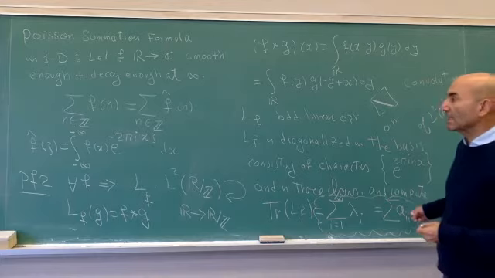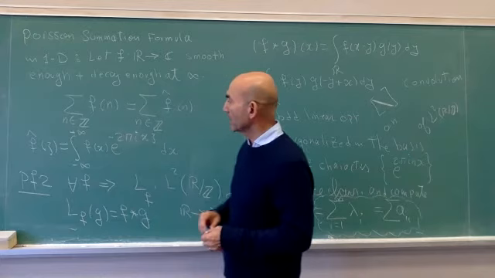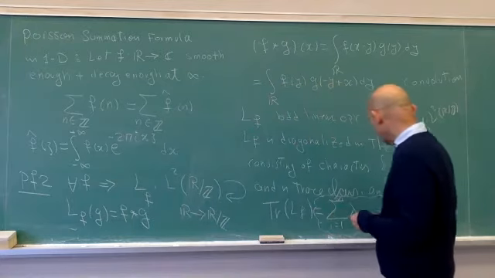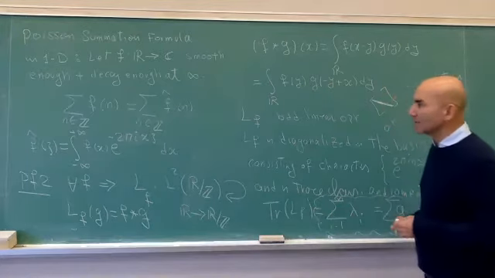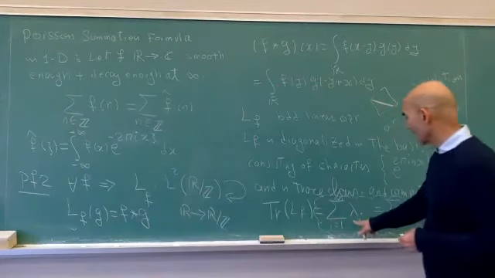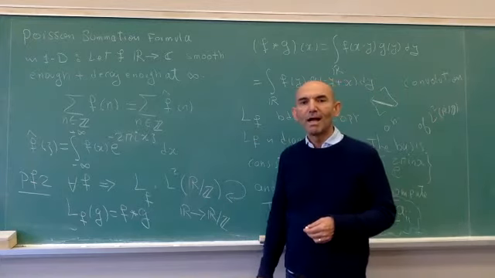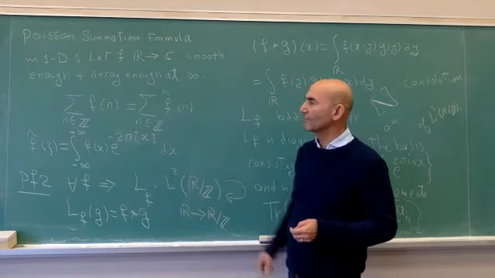So what does it have to do with Poisson summation? Well, it turns out that one of these sums is one side, sums of eigenvalues is the other side, and this will give you another proof of this theorem.